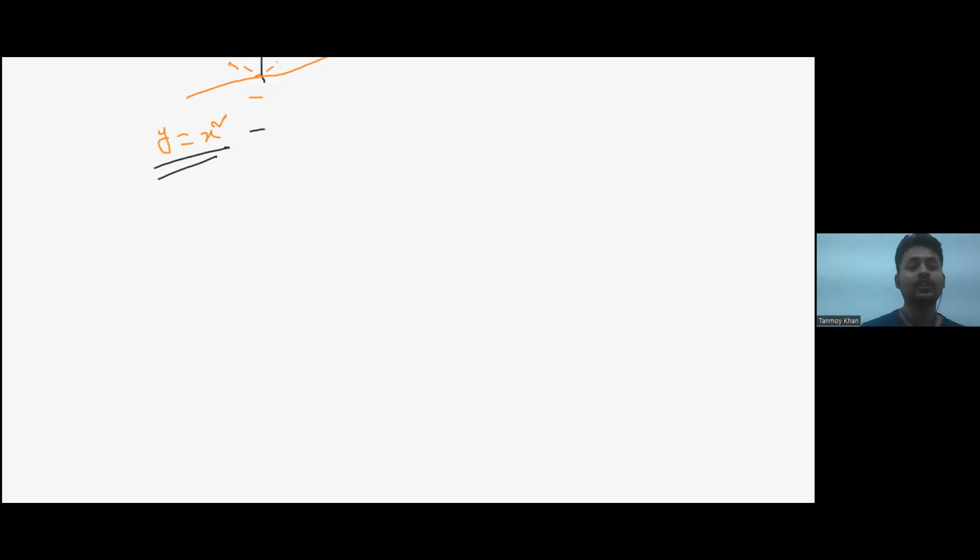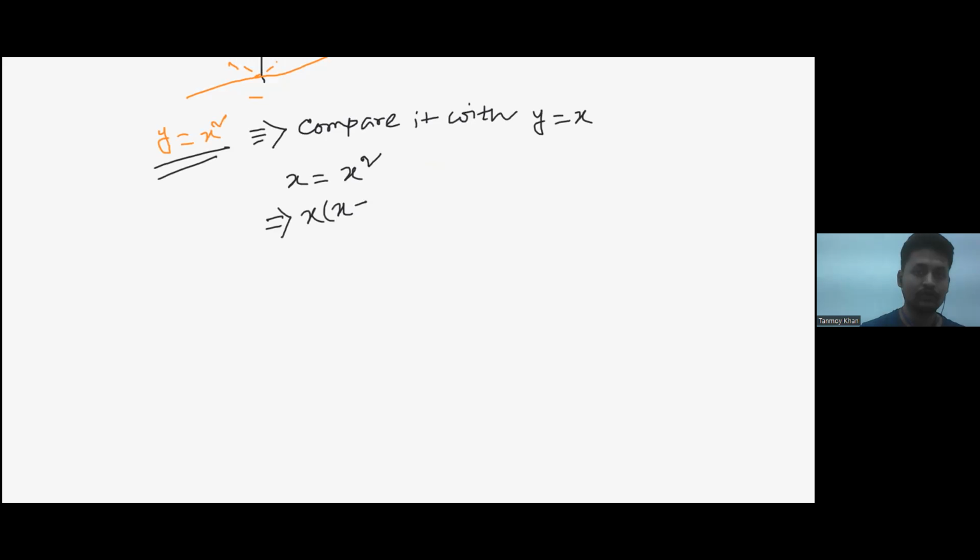What I told is to compare it with one of the known functions, that is y is equal to x. If you compare that, it will become x is equal to x squared. So that means you can write x(x minus 1) equal to 0. So we get x is equal to 0 or x is equal to 1.